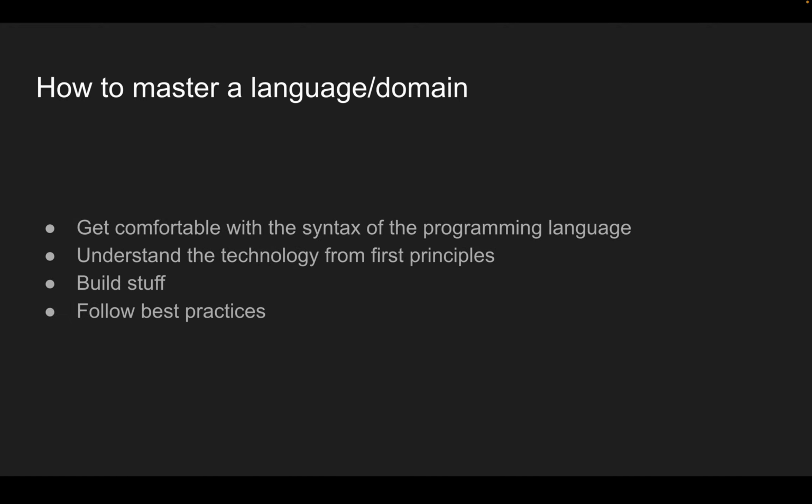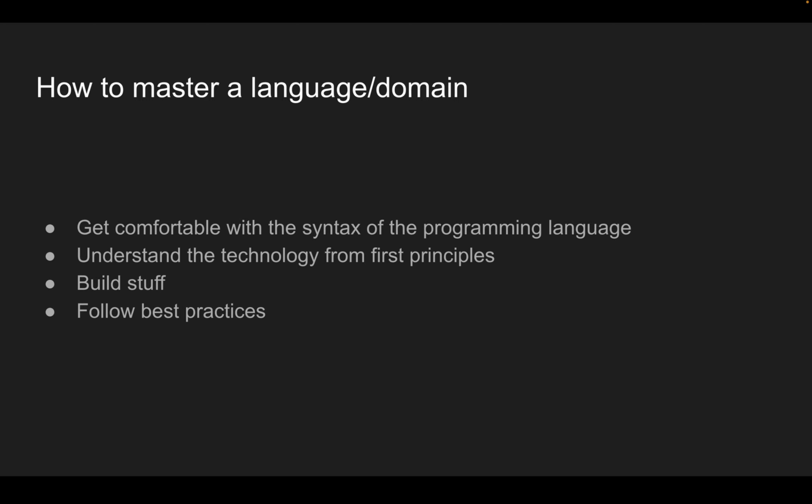From my years of experience in building software across multiple domains like AI, web dev, web3, etc., I have arrived at this simple mental model that can help you reach mastery in any kind of language or domain. The first step is getting comfortable with the language itself, getting comfortable with the syntax, because that is going to be the medium of communication between you and the technology.